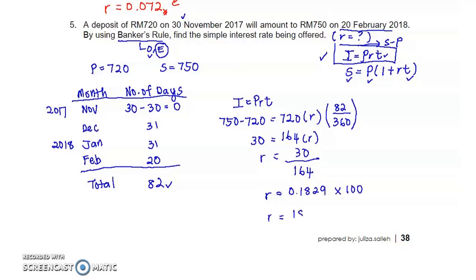So rate here is 18.29%. If you want to use formula S equal to P(1 plus RT), also no problem. You just substitute S equal to 750, P equal to 720, and T also 82 over 360. Okay, so you can get value R. You will still get the same answer. That one also acceptable.